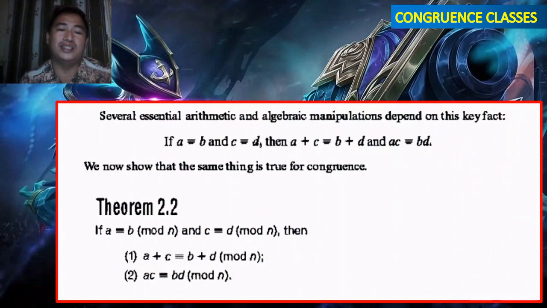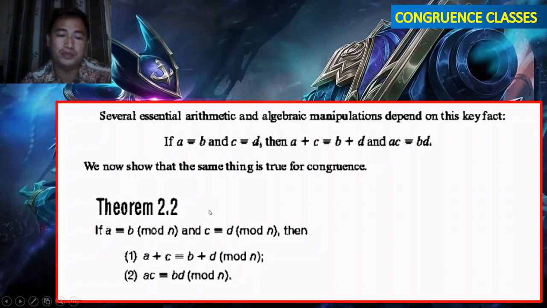Now, several essential arithmetic and algebraic manipulations depend on this key fact. If A is equal to B, equality lang ni nga symbol class. If A is equal to B and C equals D, then A plus C equals B plus D and then AC equals BD. So, we now show the same thing is true for congruence.